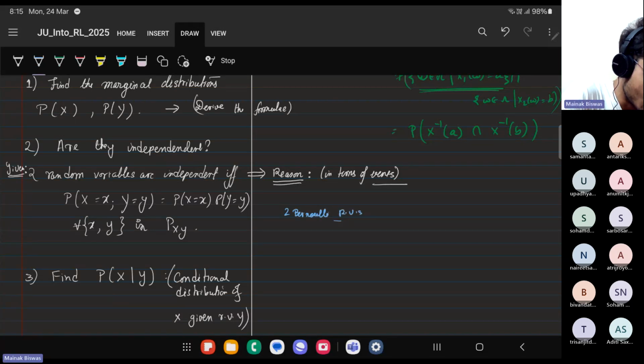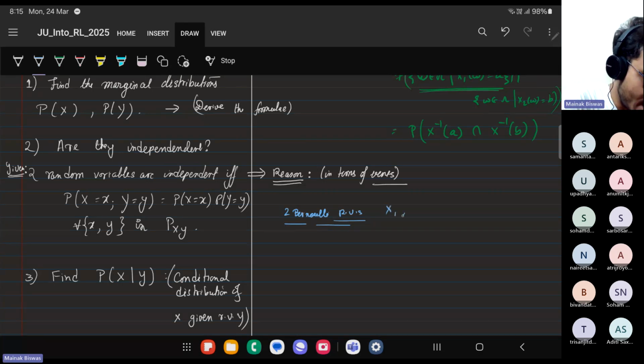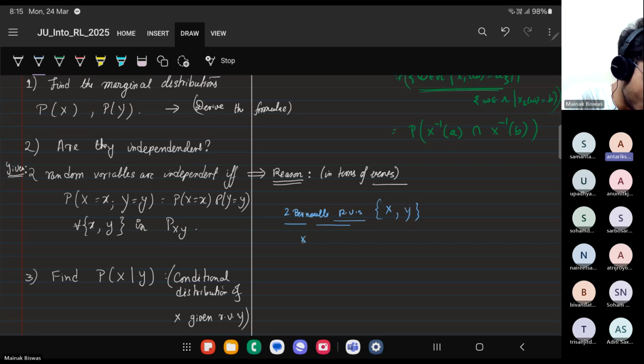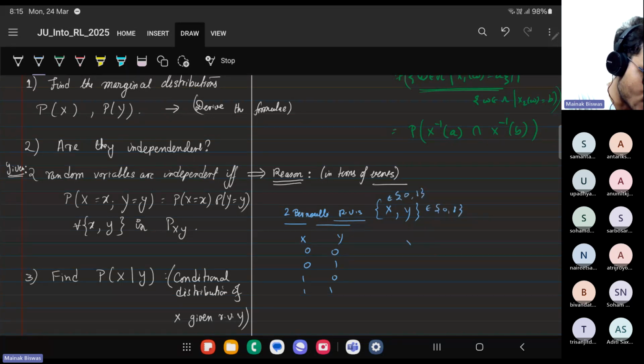Now if I have two random variables, x1 and x2, I think I wrote x and y, what are the values that this combination x comma y can take? 0, 0, 0, 1, 1, 0, 1, 1. Very good. So these are the values it can take, because x belongs to 0 comma 1 and y belongs to 0 comma 1. So x comma y belongs to the Cartesian product of 0 comma 1.